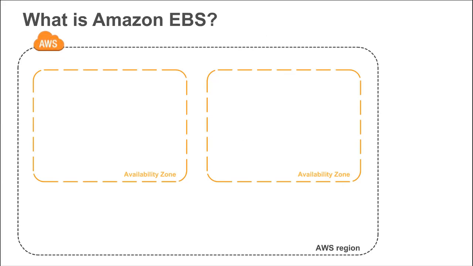So what is Amazon EBS? EBS is block storage as a service. With an API call, you're able to configure a set of volume blocks with certain performance characteristics and then attach them to an EC2 instance. But keep in mind that EBS is not a disk.